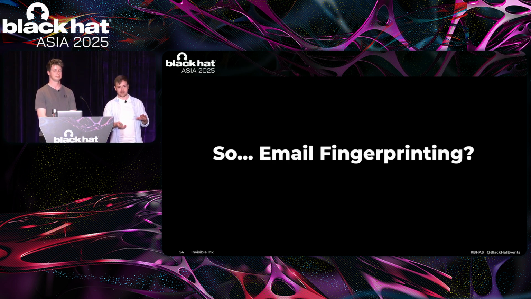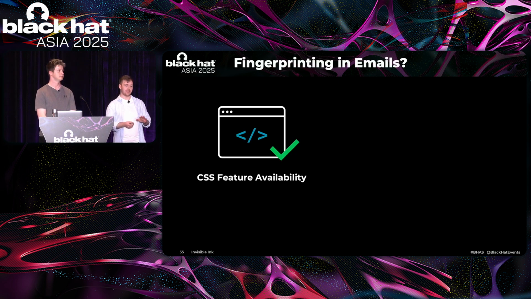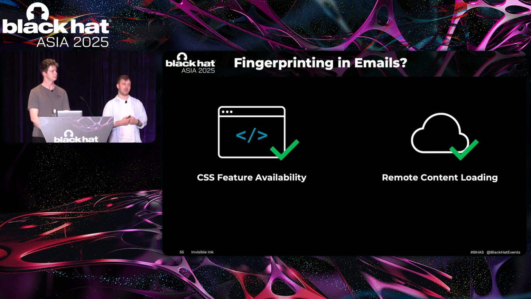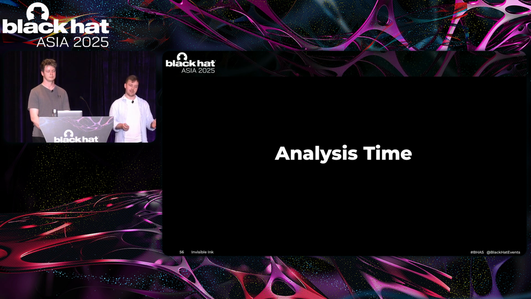In order to answer if a client is fingerprintable, since we are basically already dealing with a browser, we only have to check if a certain CSS feature is available to us, so if an email was not sanitized to no longer have that feature. And in order to exfiltrate the fingerprint, we also need remote content loading, since otherwise we don't get the information on our end. And to answer the first question, if certain CSS features are available, we had a rather big analysis.